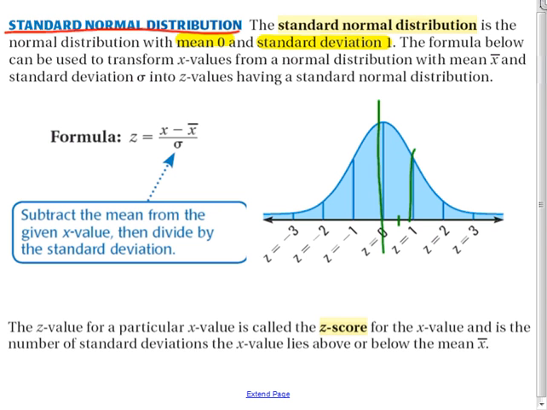But what happens when it's 0.86? Where does that fall? What percent am I at? We're going to have to use a table that will help with this information. The z-value for a particular x value is called the z-score for that specific x value, and it's the number of standard deviations away you are. So if your z-score is 2.1, you fall right about here, and then you can tell, okay, I'm higher than this number of people.